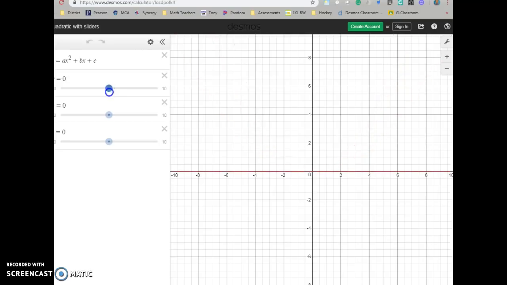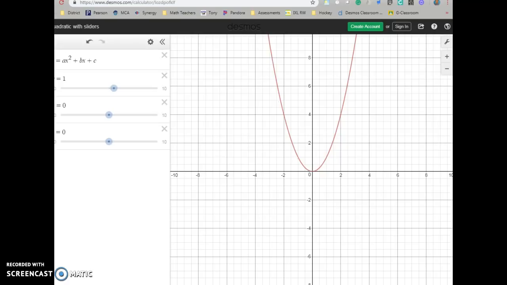When A becomes negative, it flips down, and as it gets more negative, it stretches more that way too. So this would be like -10 as an A. So that's what A does: it stretches and shrinks the parabola, and when it becomes negative, it flips it down. So let's bring that back to 1.